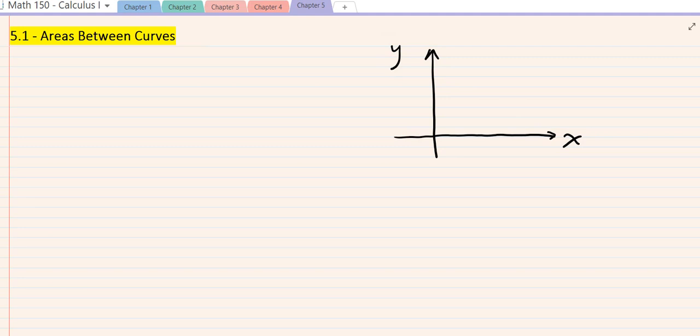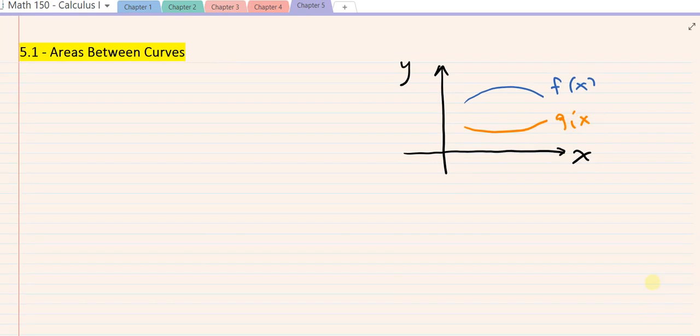This is my function f of x, and then I have another function, g of x, that would be something like this. Notice that f of x lies above g of x. The function above has higher function values.